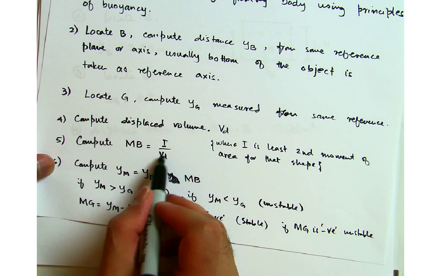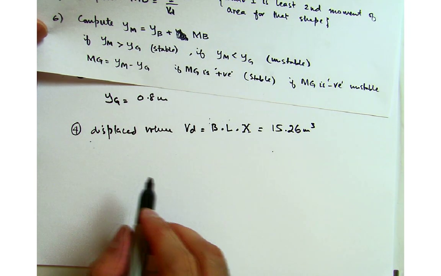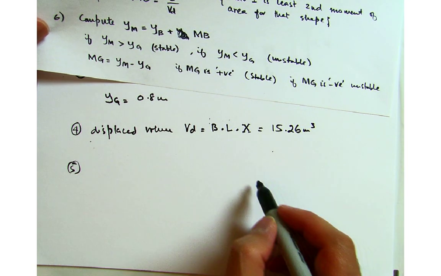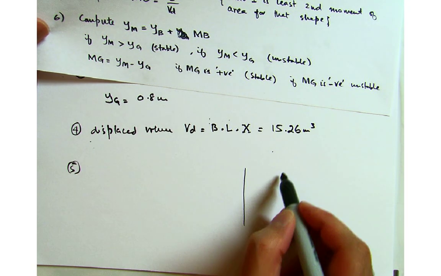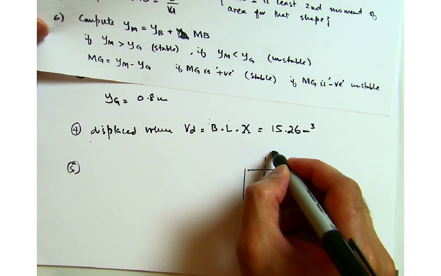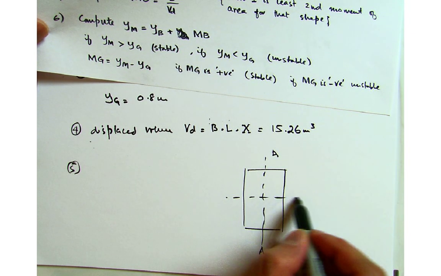So we already have computed this displaced volume, so let's look at the second moment of area, the least second moment of area. So in this case, if I'm looking at this object from the top view, and I have this axis as IAA and this axis as BB.